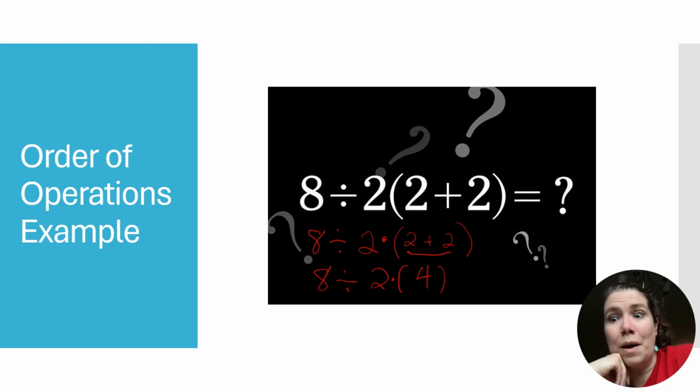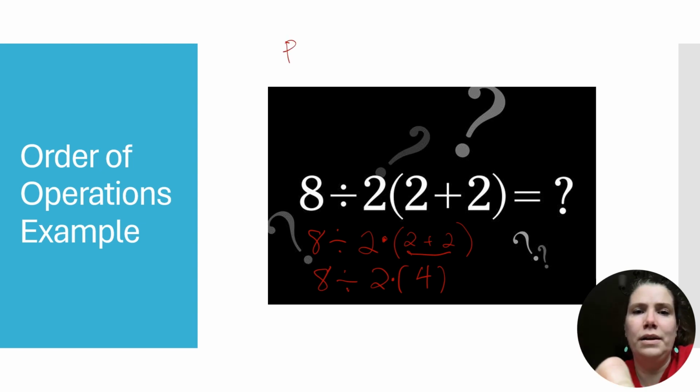Some people read PEMDAS and forget that multiplying and dividing is one step together. So they first multiply 2 times 4 and then do the dividing. But remember that the steps are multiplying and dividing from left to right. So the first thing we have to do is 8 divided by 2, which is 4.